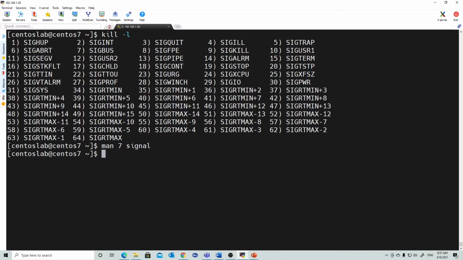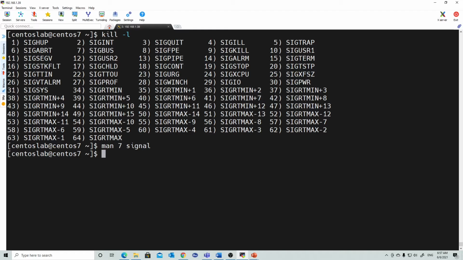SIGXFSZ, file size limit exceeded. SIGVTALRM, virtual alarm clock. SIGPROF, profiling alarm clock. SIGWINCH, window resize signal.